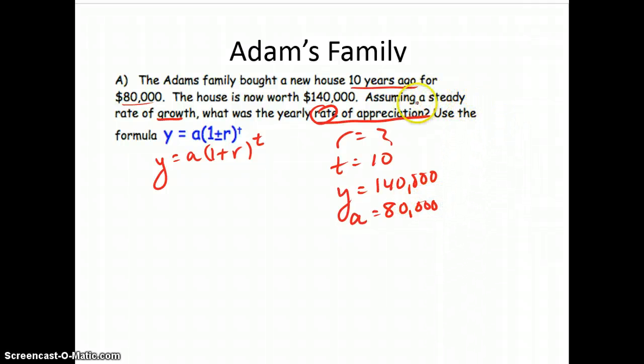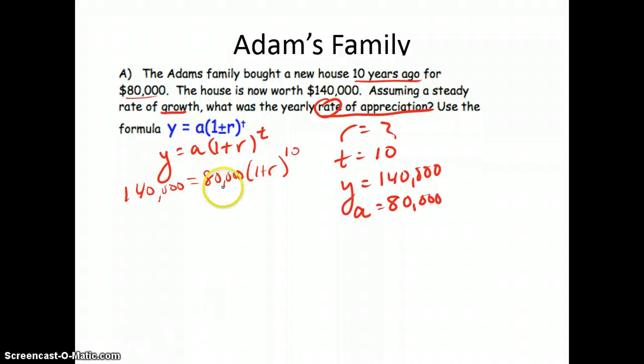So now we have our numbers, we plug them in. Okay, so I systematically plugged each of these variables in. Now we want to solve for R. Before we can solve for R, we have to get this piece by itself, so then we can take the 10th root of it. So we're going to start by dividing by 80,000, and we're going to do it to both sides.